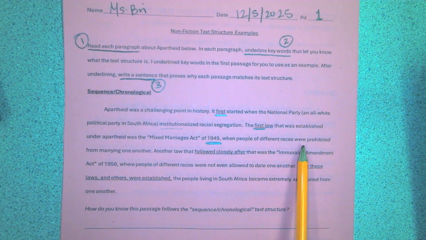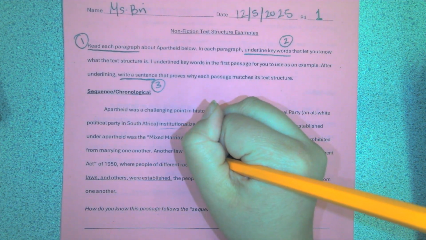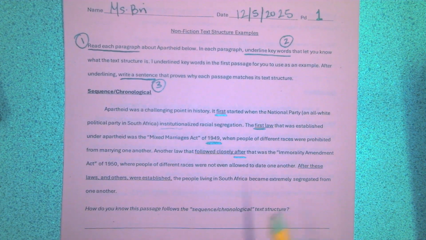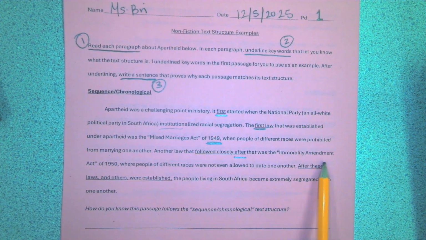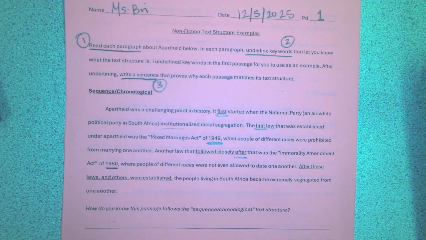When people of different races were prohibited from marrying one another. Another law that followed closely after that was the Immorality Amendment Act of 1950. So again, there's another date. I'm going to underline that date as well. Where people of different races were not even allowed to date one another.